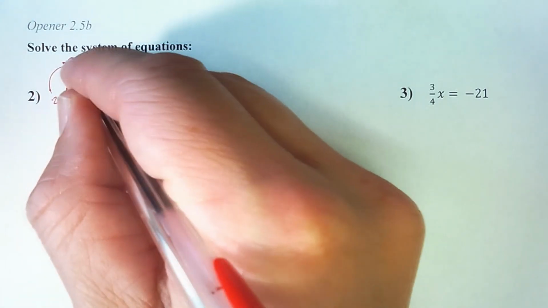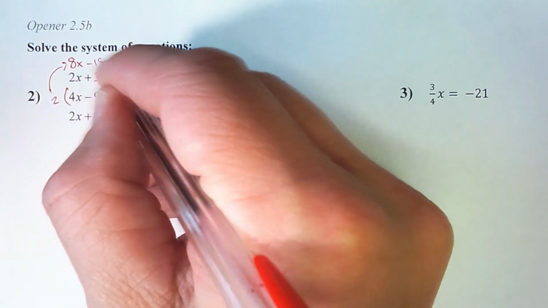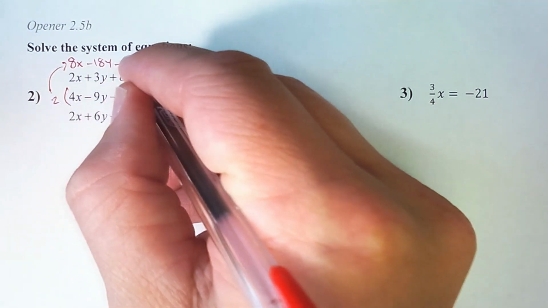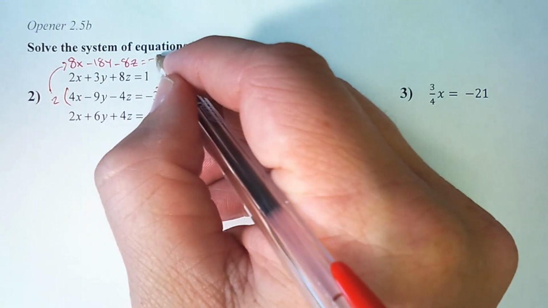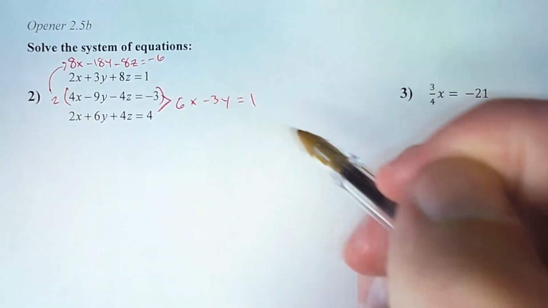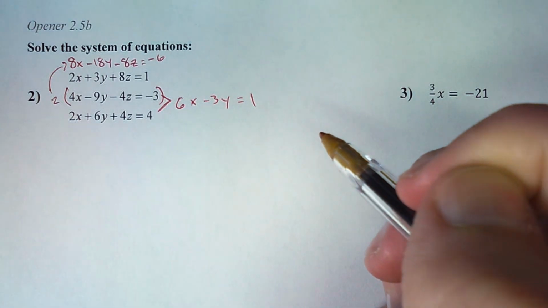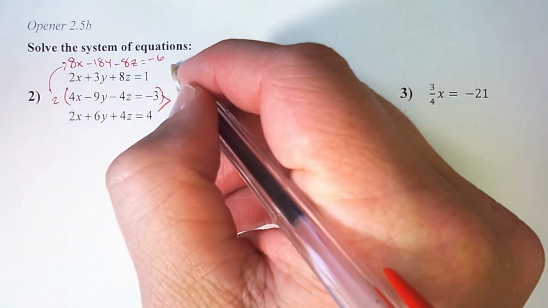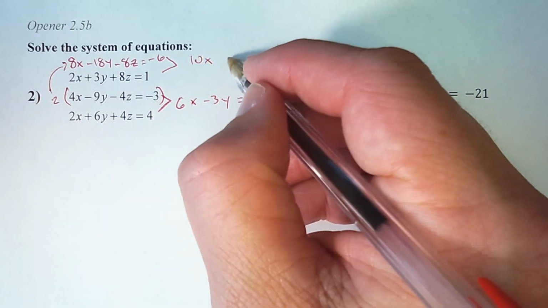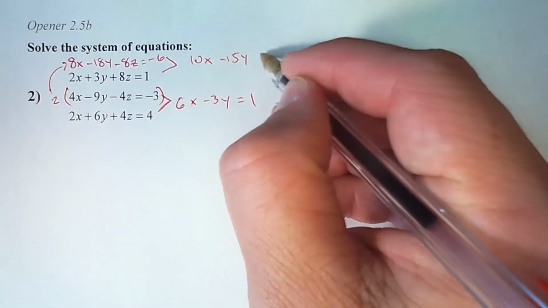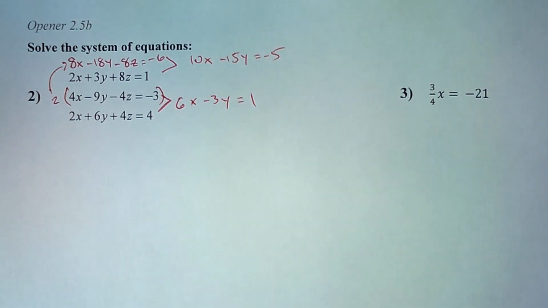So I'll get 8x minus 18y minus 8z equals -6. Now when I combine these, I get 10x minus 15y equals -5.